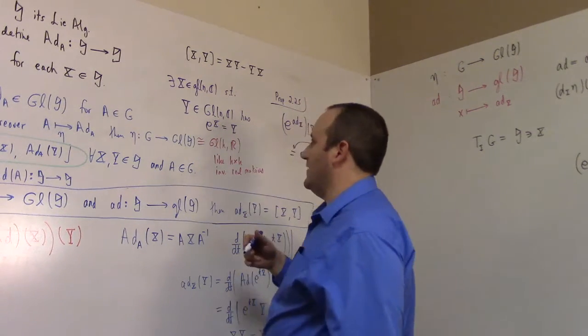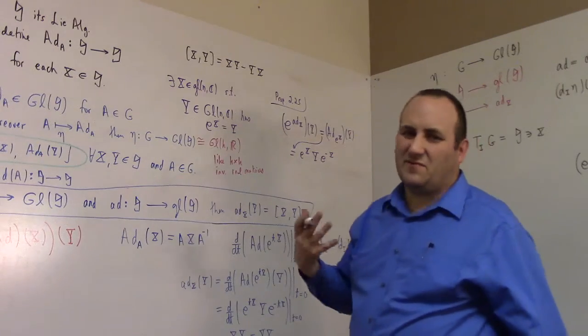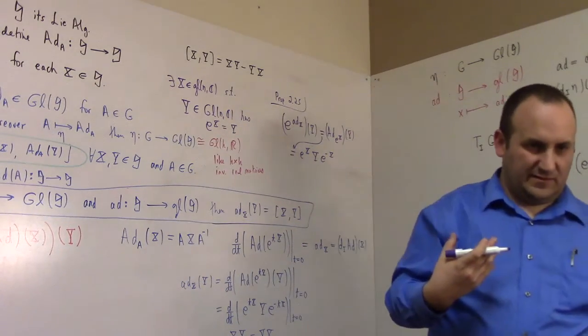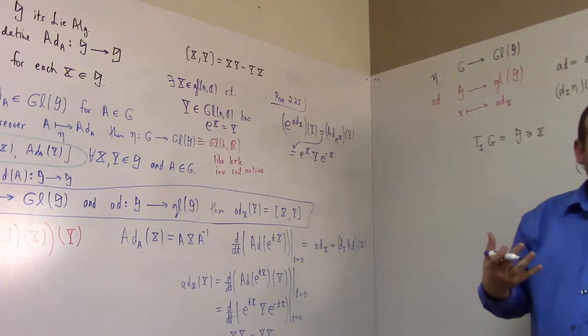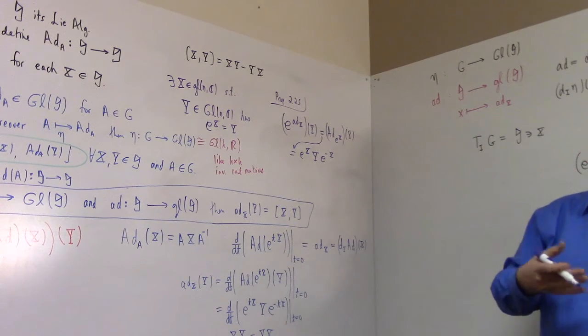I'm not sure I'm saying that very accurately yet. What I'm trying to say is any invertible complex matrix is reached as the image of some matrix exponential.